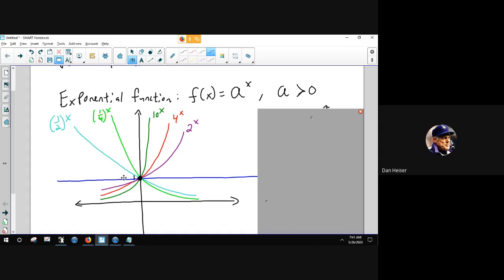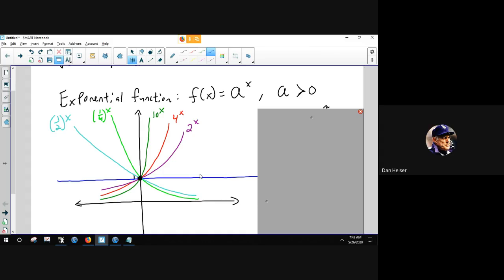One other thing to notice, all exponential functions go through the point (0, 1), which makes sense. If x is 0 in all of these, we have something to the 0 power. And one of our basic rules of algebra, laws of exponents, is that anything to the 0 power is 1.